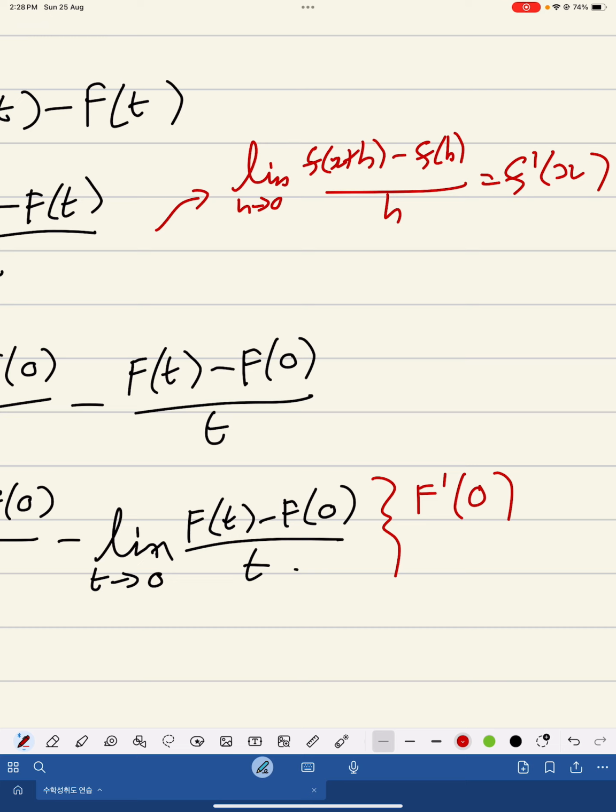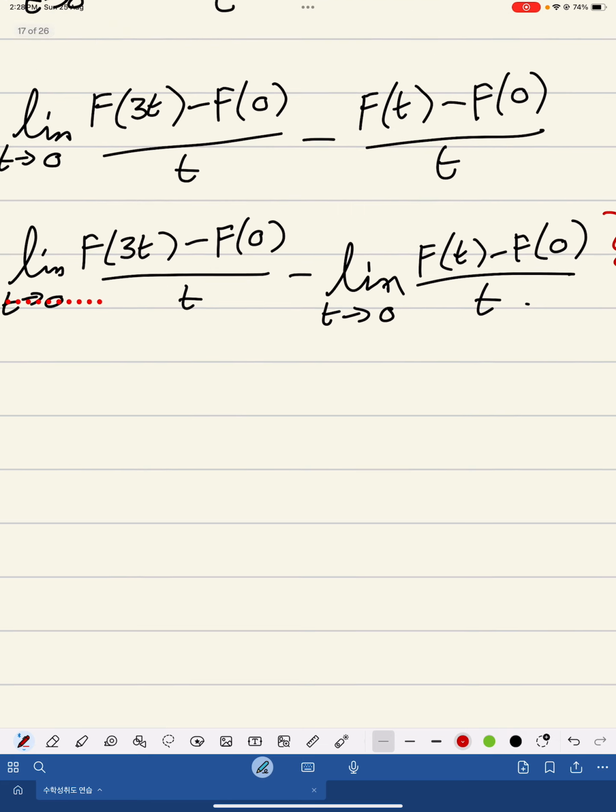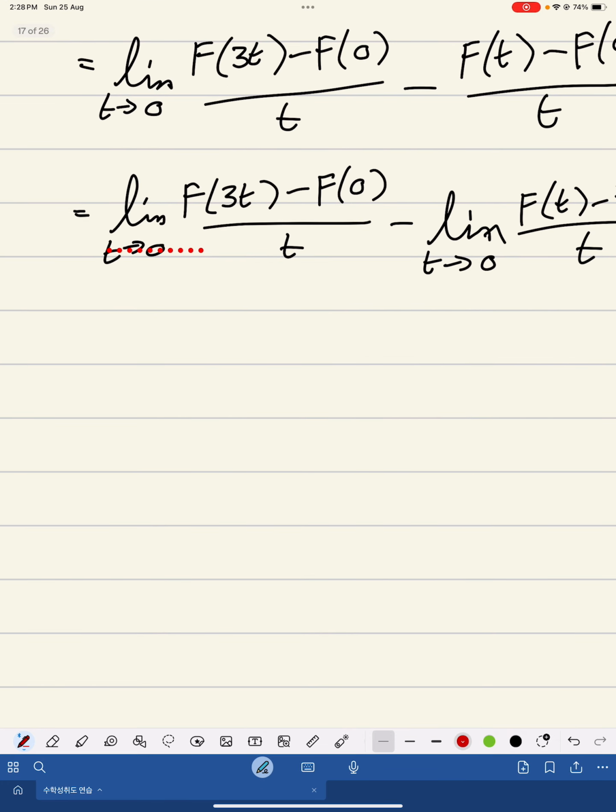Therefore, our real question is, how can we manipulate the left-hand side? Well, that's also easy. Because we have 3t over here, we can just let everything be 3t. So our goal is to change this to 3 and change this to 3. But how do we do that?